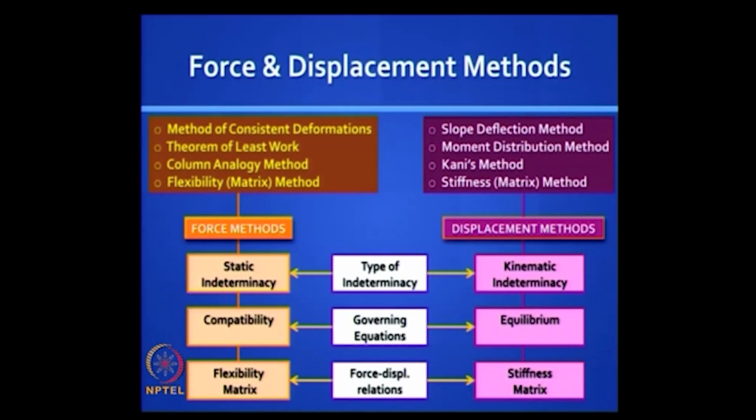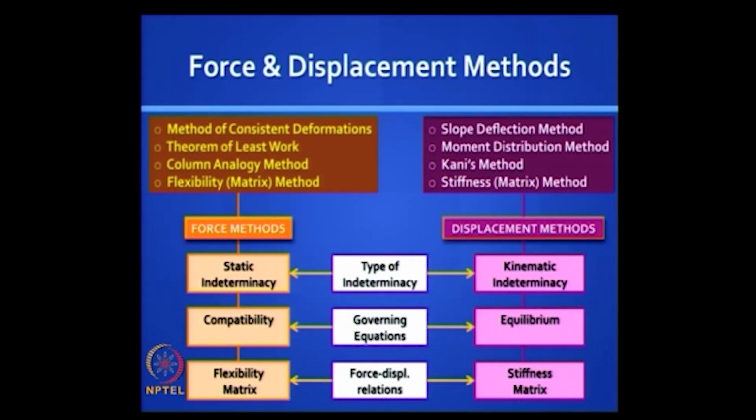We had looked at this slide earlier. This compares broadly the difference between force and displacement methods. In force methods, we look at static indeterminacy. The unknowns are forces, which we refer to as redundants. In displacement methods, we refer to kinematic indeterminacy.